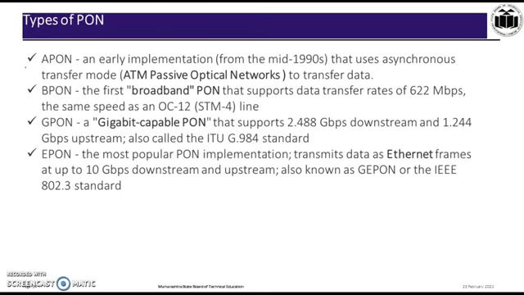And the last type is called EPON, Ethernet PON, the most popular PON implementation, that transmits the data as Ethernet frames at up to 10 Gbps downstream and upstream, also known as GEPON or the IEEE 802.3 standard. So these are the various types of PON.